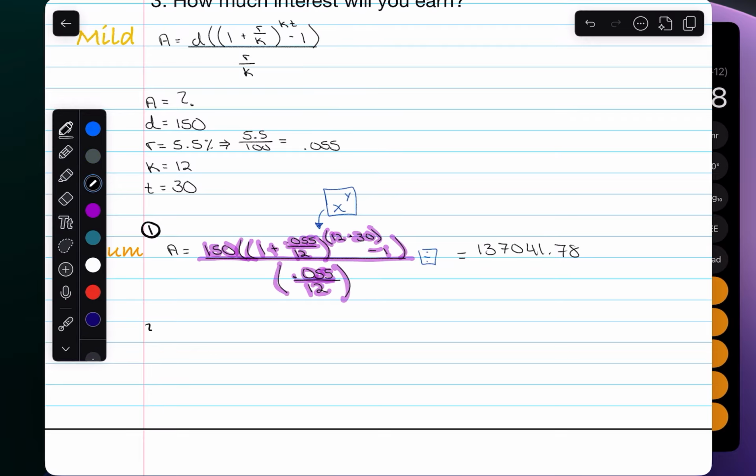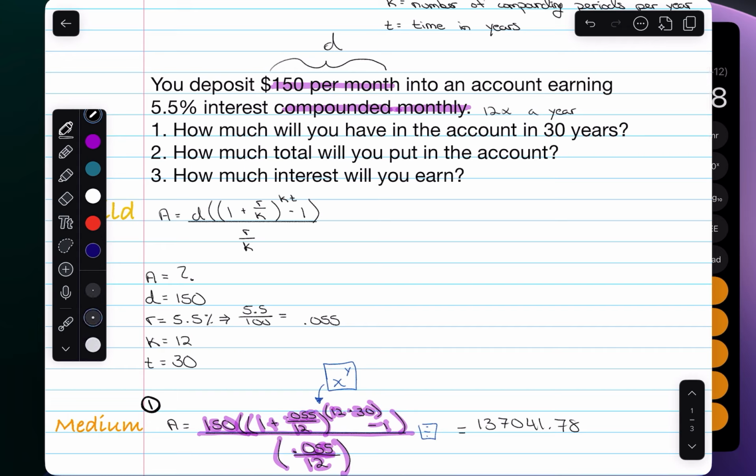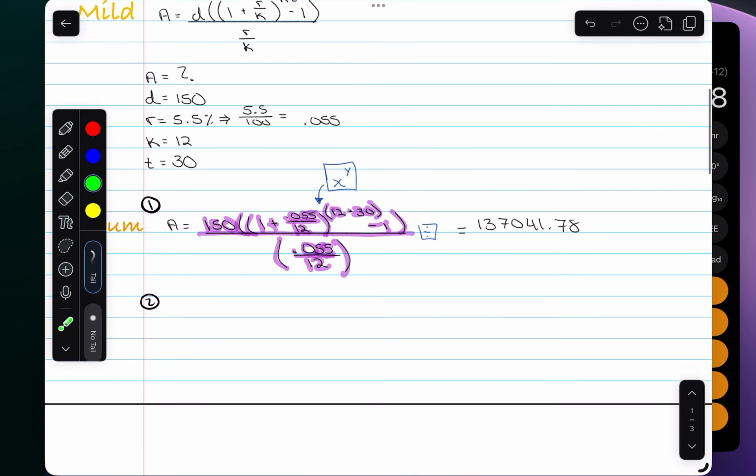So now for question two, we're being asked how much total did you put into the account? So this is how much we earned with interest and everything.